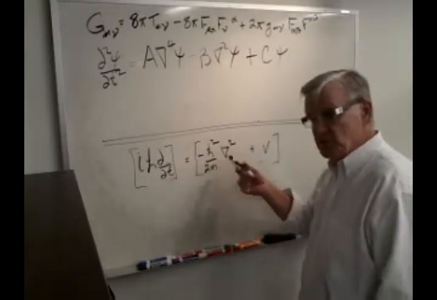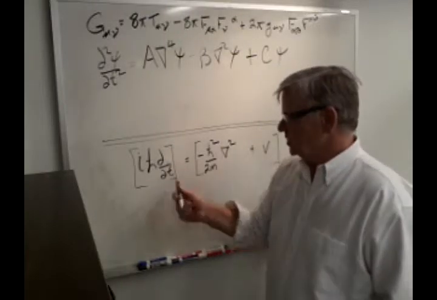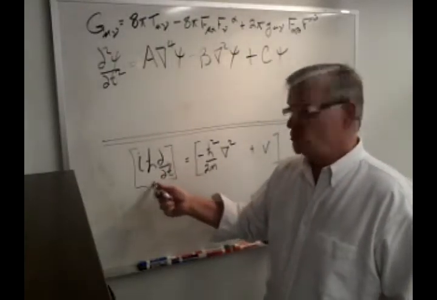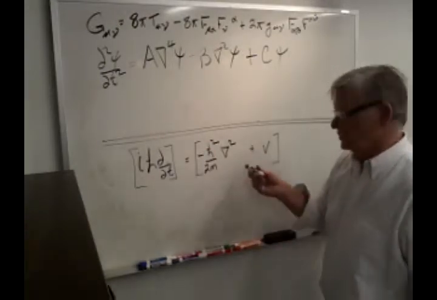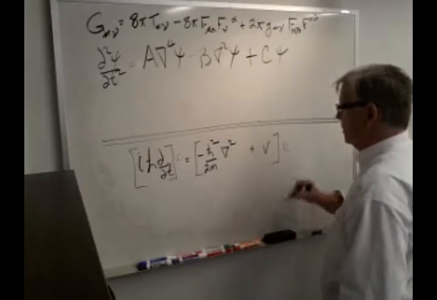This velocity is a result of this, so we'll consider this as a velocity, as an operator, and if I apply this operator onto itself, it would be the same thing as applying this operator onto itself, and we have psi here, we have psi here.